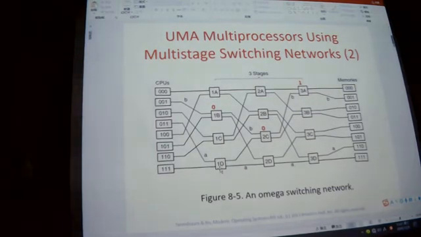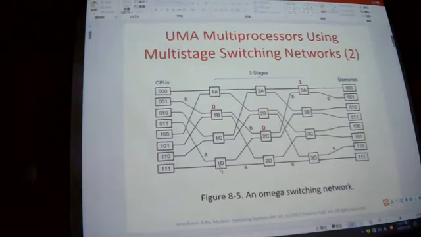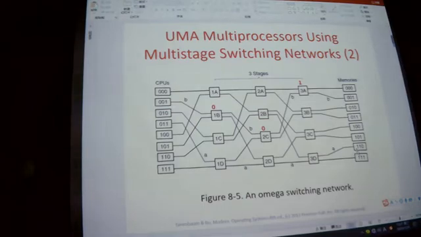We just start from here and we choose the path according to the destination. So we use the destination as the signal. Now this is why 0, 0, 1, because the destination is 0, 0, 1. But they are 0, 1, 1. 0, 1, 1 is the starting point.